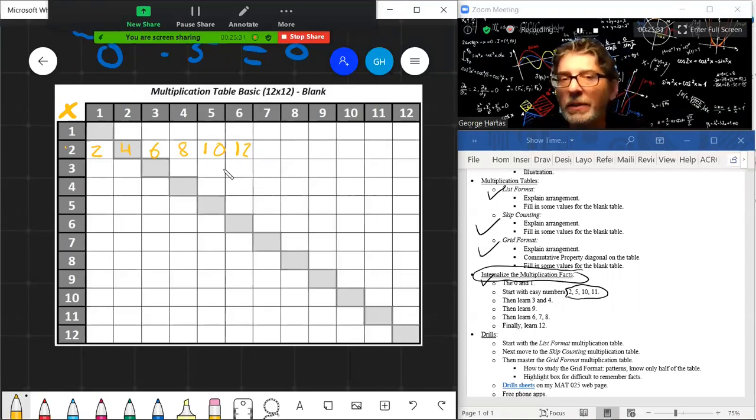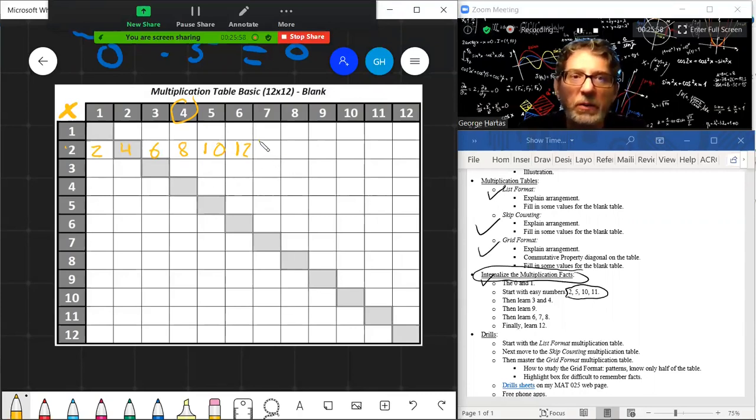At this point, you want to internalize the multiplication aspect. So don't just say 2, 4, 6, 8, because you're not really thinking about, well, what times 2 is 8? Do you really know that it's 4? Or are you just saying 2, 4, 6, 8 because it follows a pattern? So when you're filling the table in, I would recommend you actually think about the multiplication.